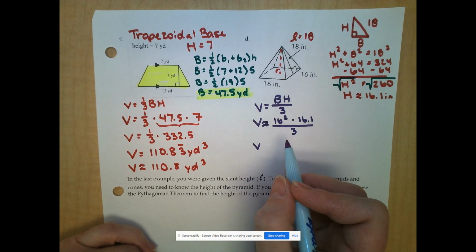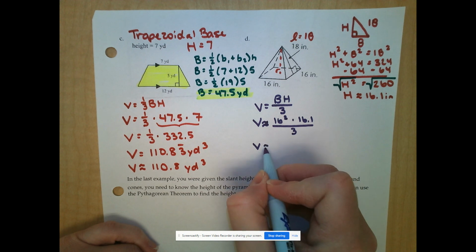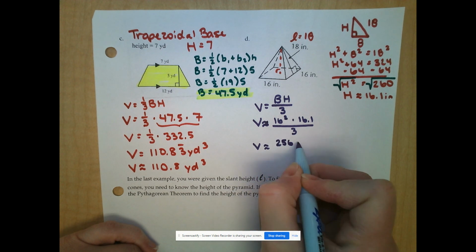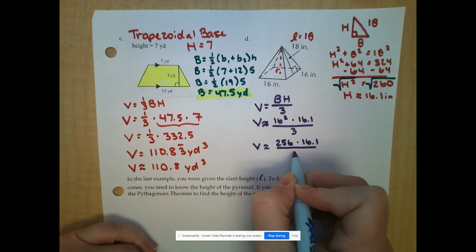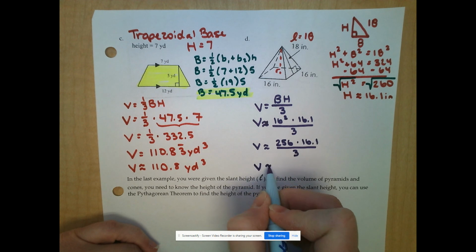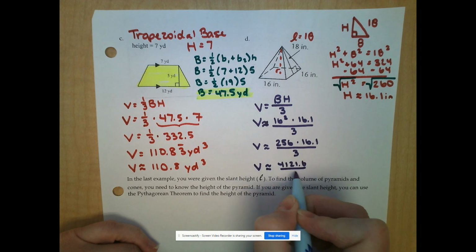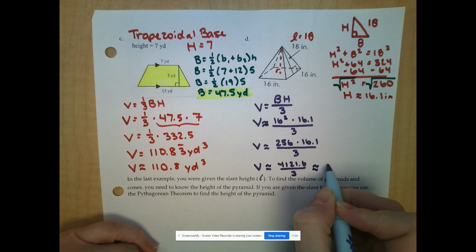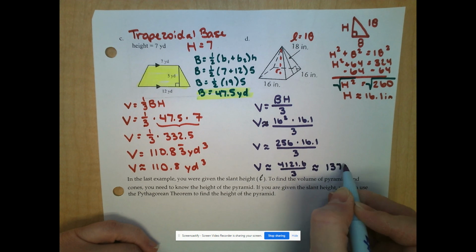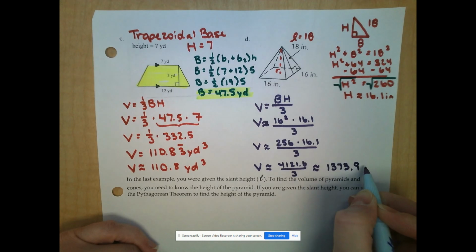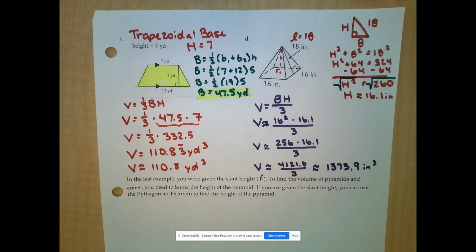So 16 squared is 256. Still have to multiply by the 16.1 and divide by 3. Approximately 4,121.6. Still need to remember to divide by 3. Approximately 1,373. And I'm going to round it to 0.9. It's actually 0.86 repeating, but that's not terribly helpful.